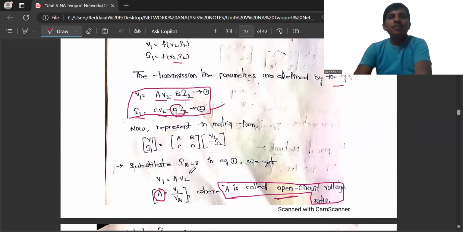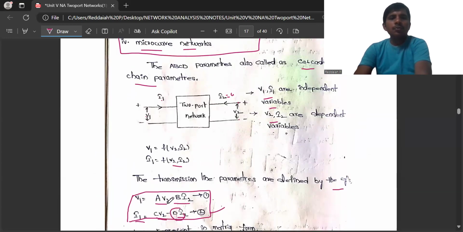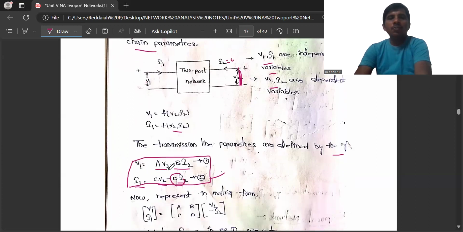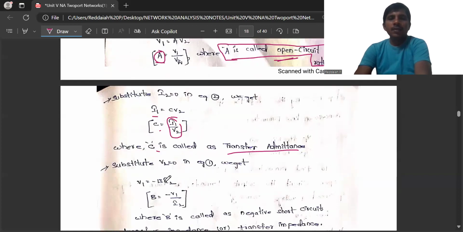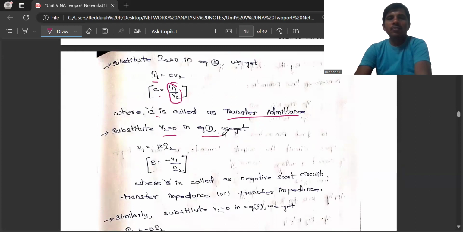Similarly, you substitute V2 equal to 0 when the output is shorted. Substitute V2 equal to 0 in equations 1 and 2. In equation 1, you will get B equal to minus V1 by I2. V by I gives impedance, but it is a negative: minus V1 by I2.